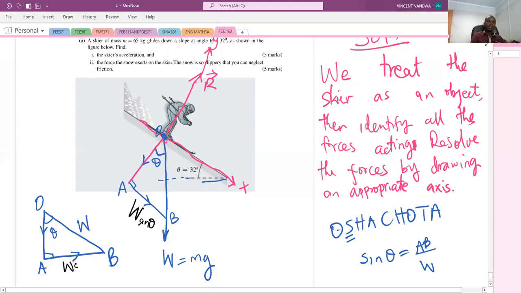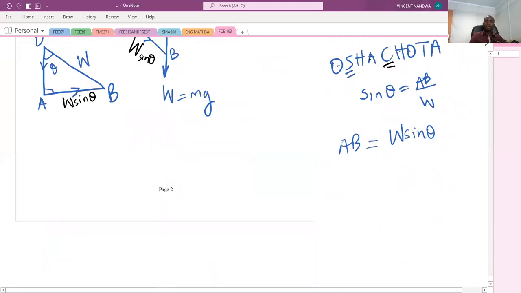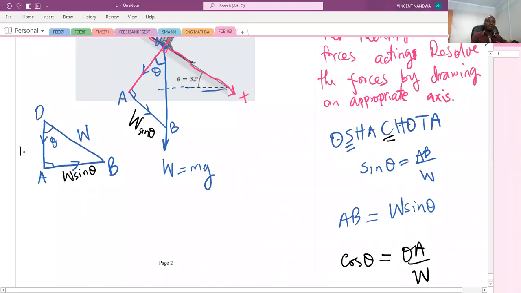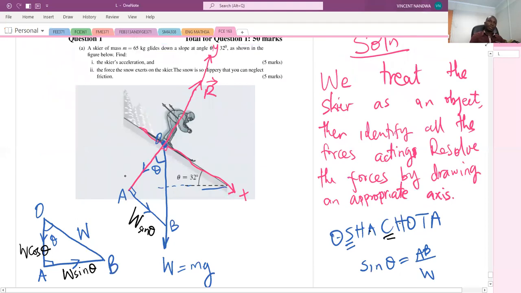And cosine is adjacent over hypotenuse. So cosine of theta, where adjacent is OA and hypotenuse is W, means OA is W cosine theta. Remember, theta remains 32 degrees.